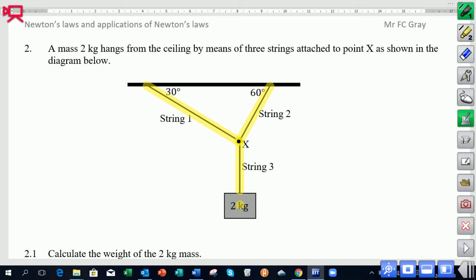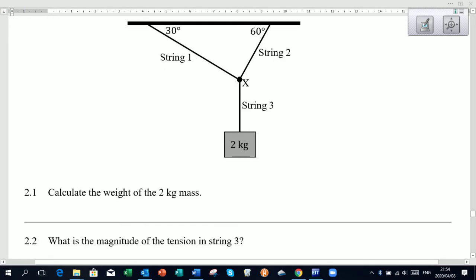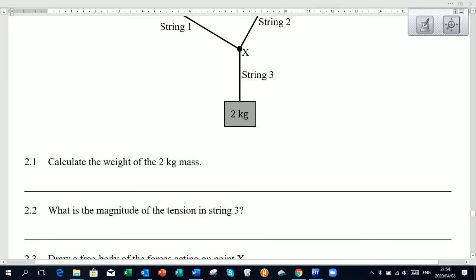So if point X is at rest, then the net force acting on it is 0. There are 4 questions here. Calculate the weight of the 2 kg mass, that's nice and easy. What's the magnitude of the tension in string 3?